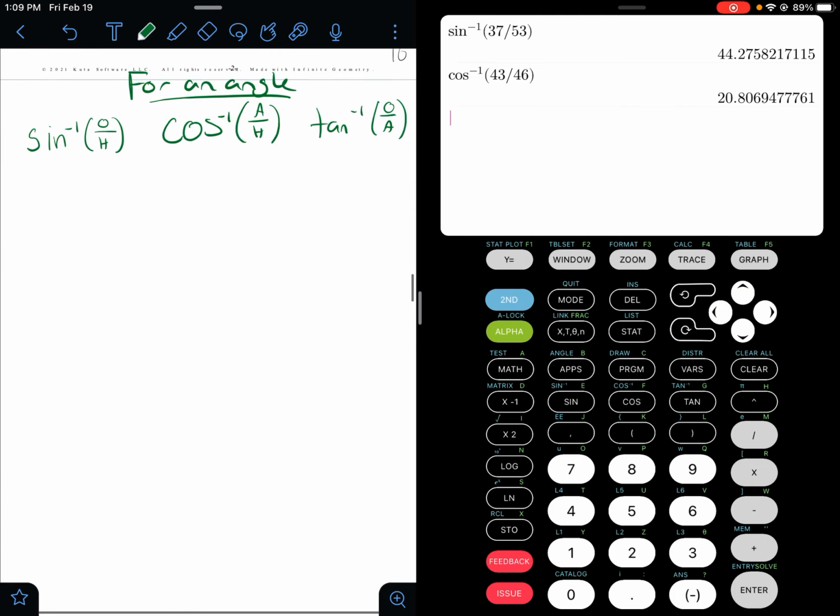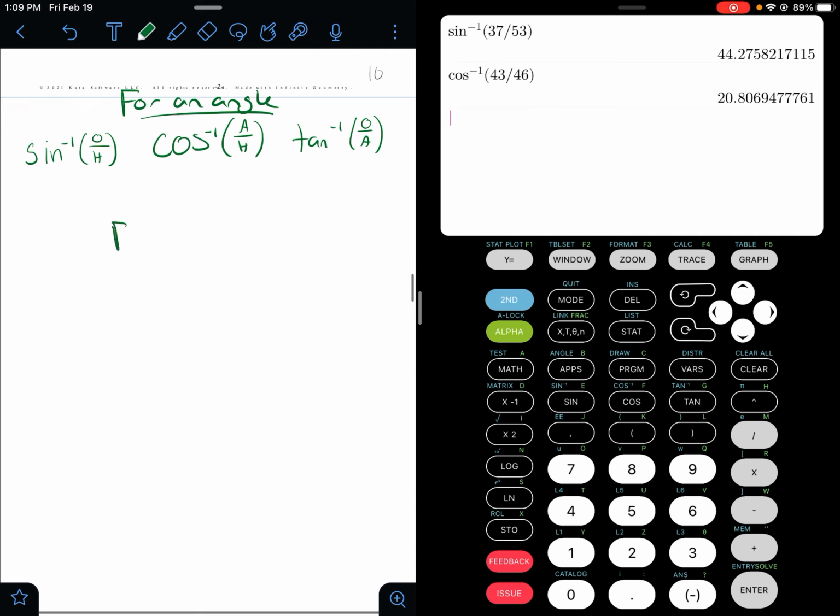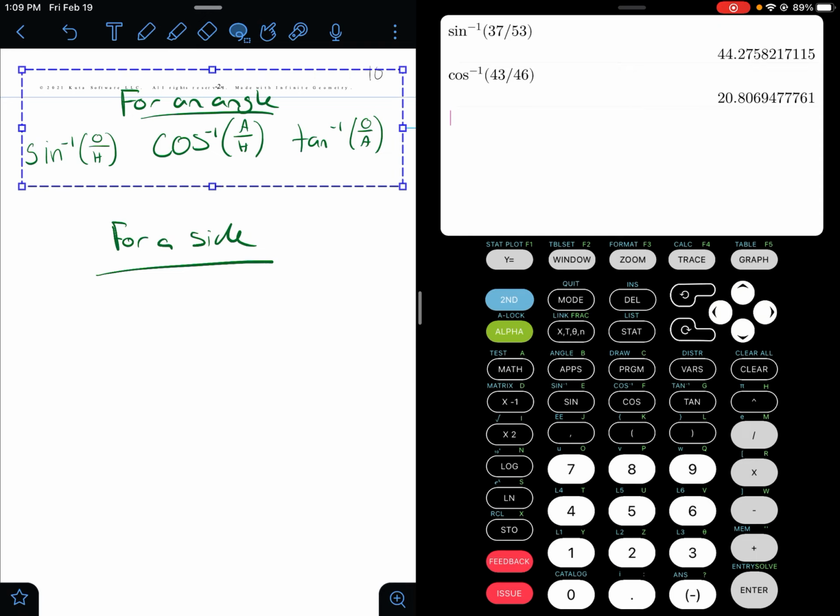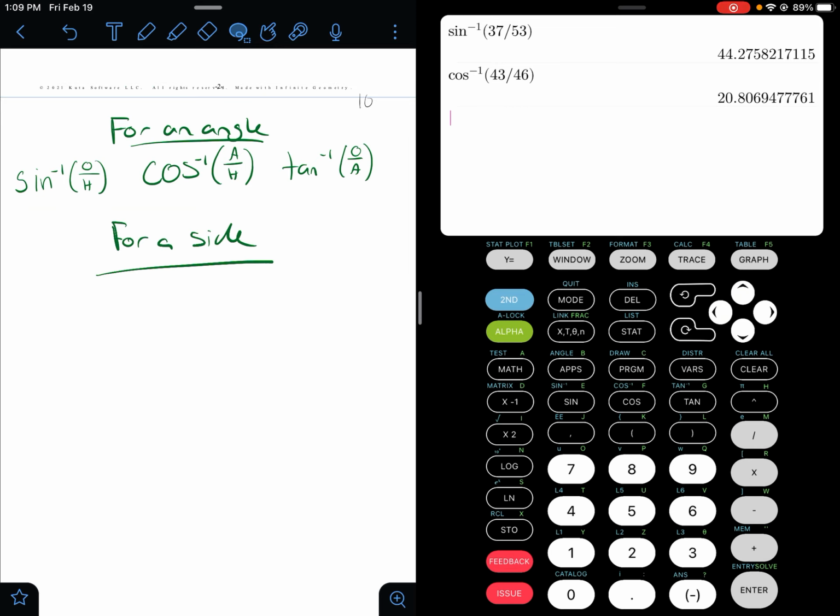All right. So remember, when you're solving for an angle, you need to use the inverse trig functions. Now, what do you do when you're solving for a side? I probably should have pointed this out at the beginning of the video: this method only works when you're dealing with right triangles. There are different ways to solve for angles and sides when you don't have a right triangle, but we're not quite there yet. We'll get there eventually, though.